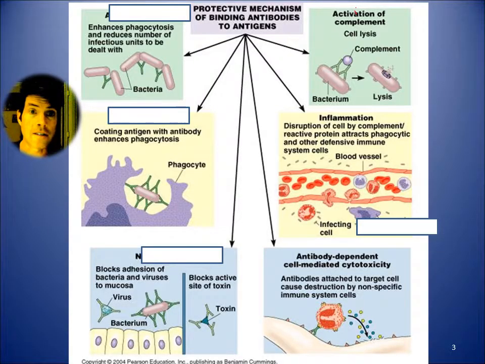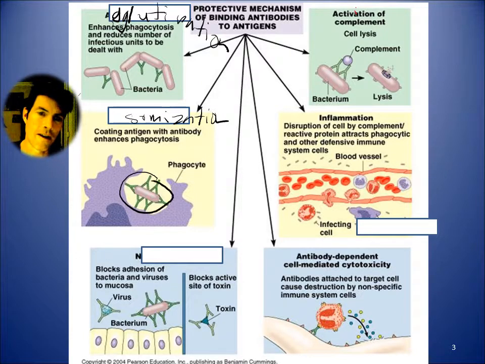There's a nice little graphic to kind of show you this. This is agglutination, sticking together. Opsonization: a phagocyte coming around that bacteria, killing it.